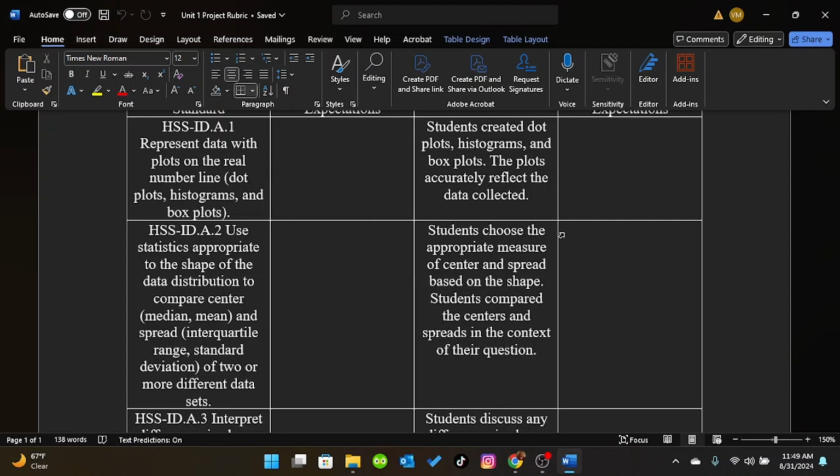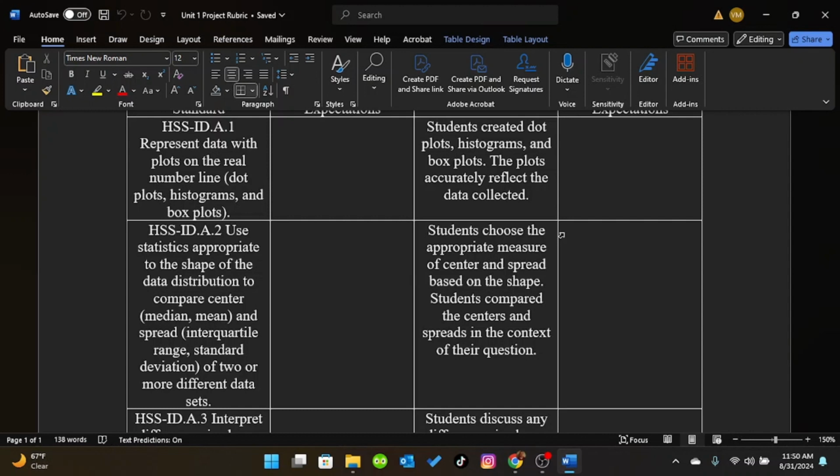Now, if you incorrectly identified the shape and you incorrectly identified the measure of center or spread, or if you left out an explanation of how that relates to the context of your question, then that would fall into the does not meet expectations category.